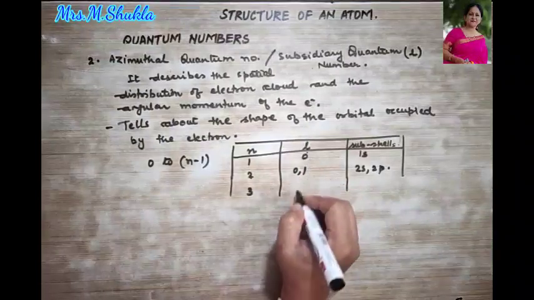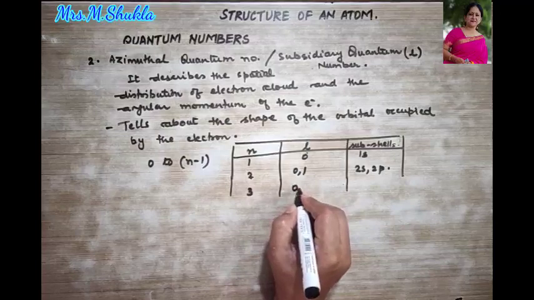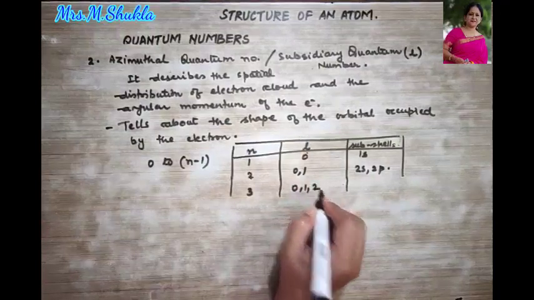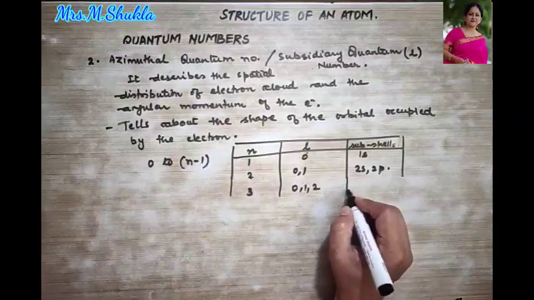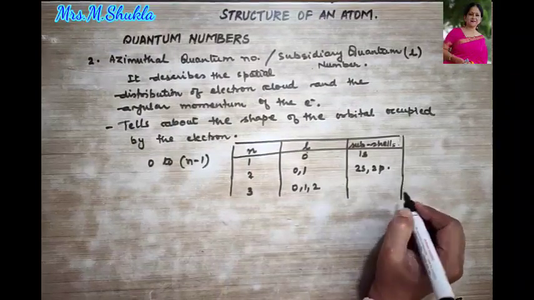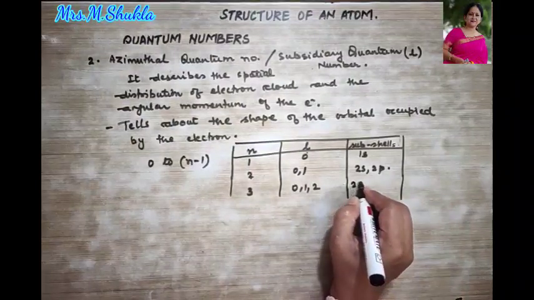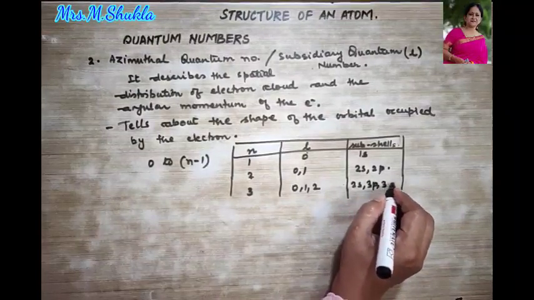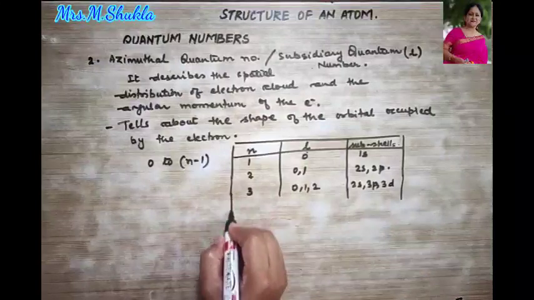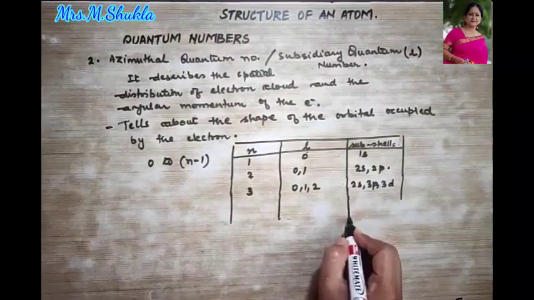Then come to the third shell. The azimuthal quantum number will be 0, 1, 2. Then the subshells will be 3s, 3p, 3d. I hope you are following this.